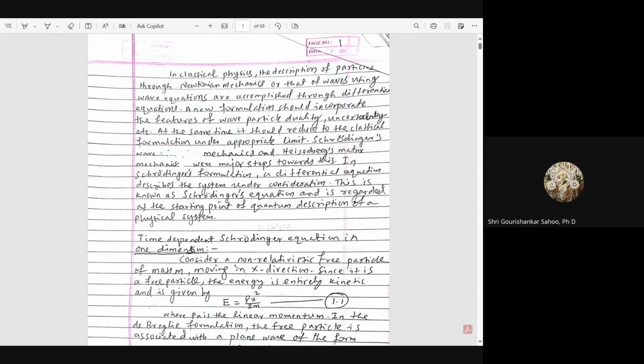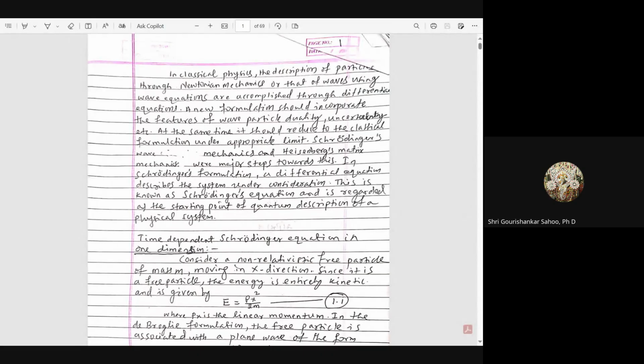you can see on the screen, in classical physics the description of particles through Newtonian mechanics, or that of waves using wave equations, is accomplished through differential equations d by dx or d by dr or d by dt.